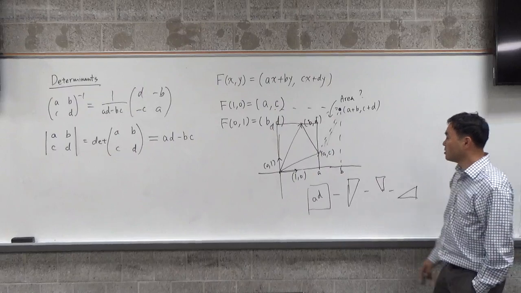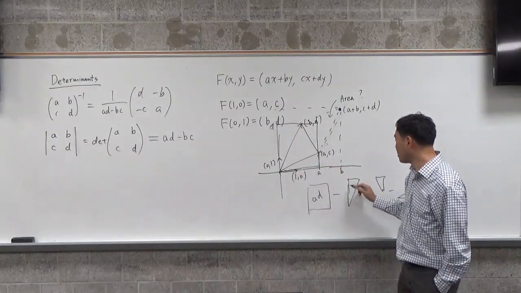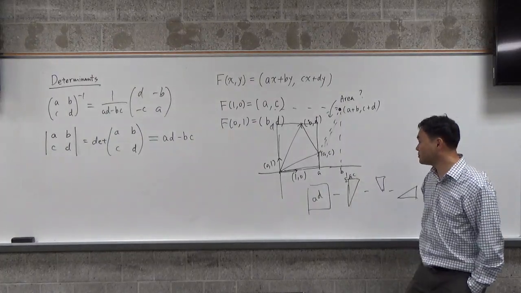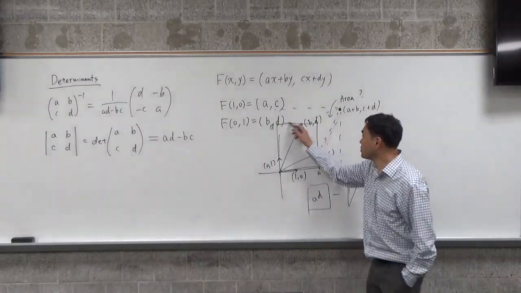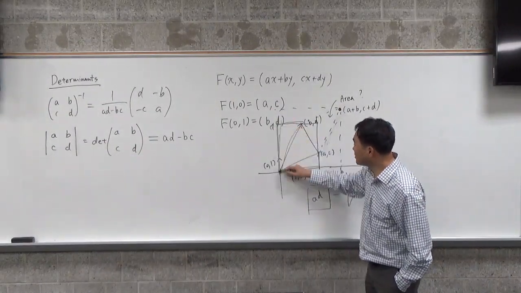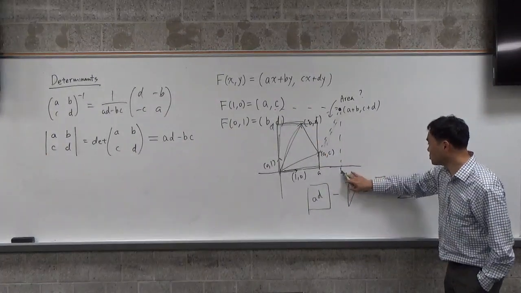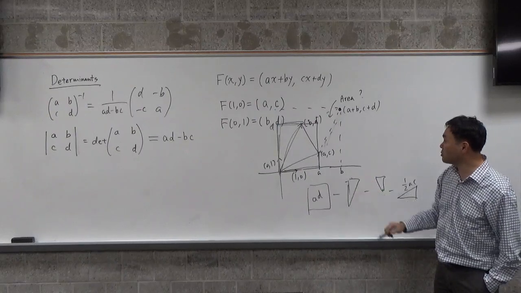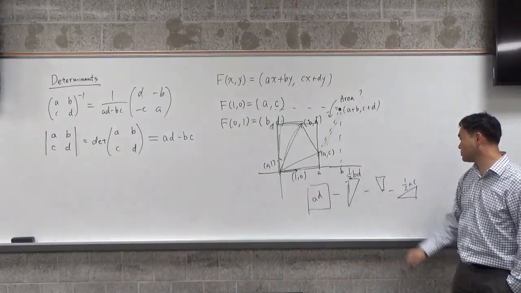Now what about this one? Well, this is A, that's C, so it's 1/2 A times C. What about this one? This height is D and this side is B, so, oh sorry, I put it in the wrong place. This is 1/2 AC, and this one would be 1/2 BD.